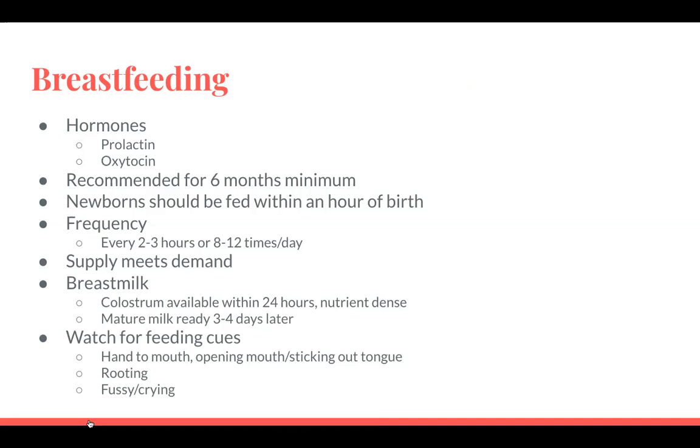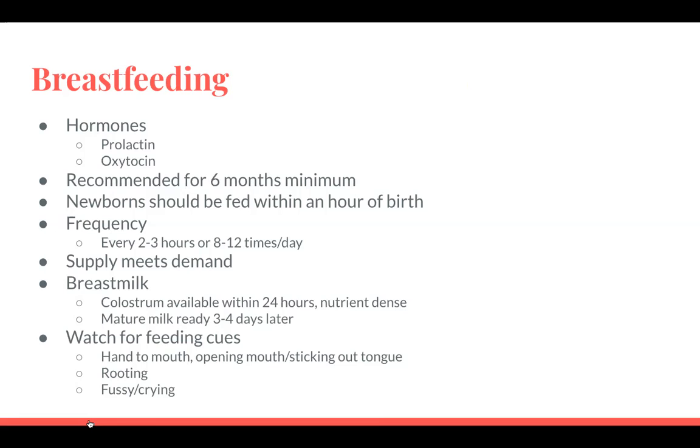Know that prolactin, I'm jumping back a little bit, is released from the anterior pituitary, and it initiates milk production. And then oxytocin, you definitely need that. It's released from the posterior pituitary in response to the sucking.